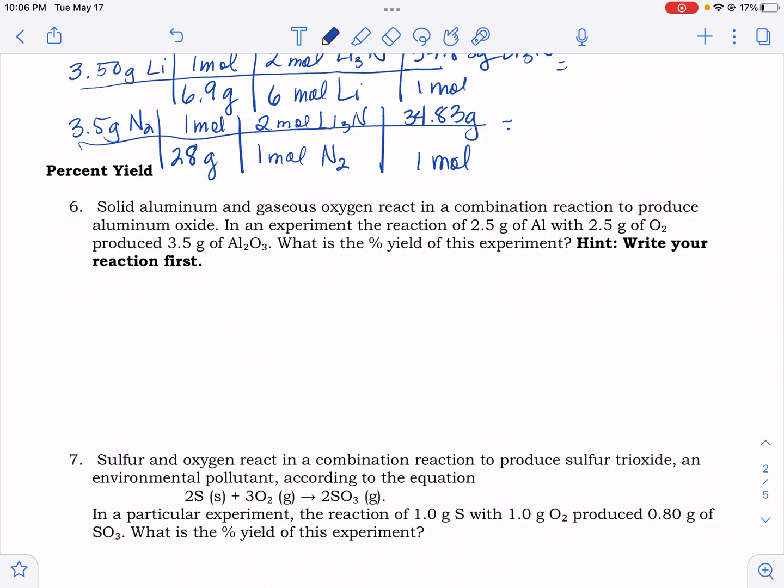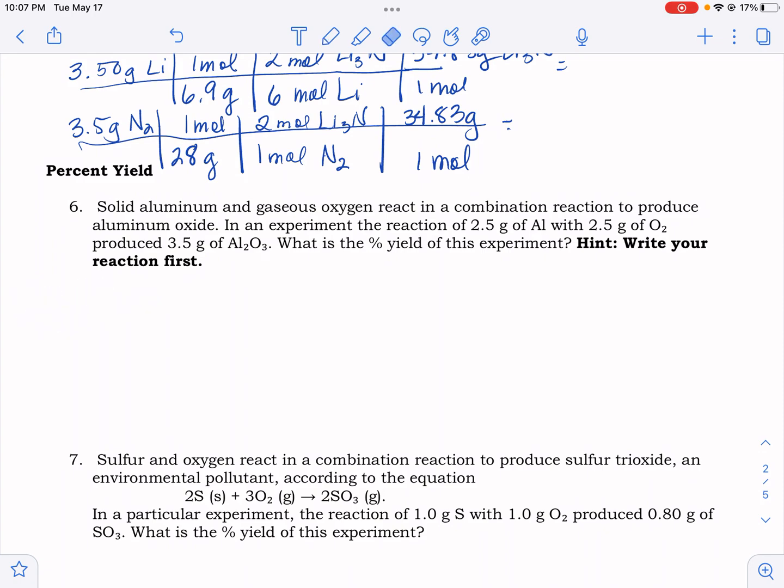Percent yield. Percent yield is when you take the amount from a chemical reaction, the results, the actual amount, divided by the theoretical times 100. All right.